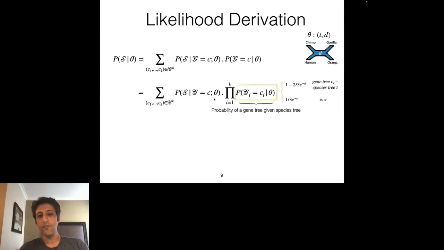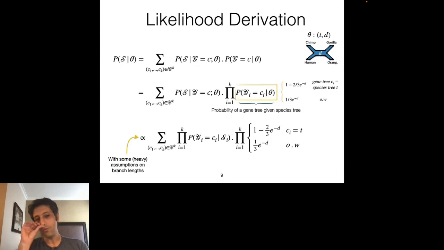So for this first term, I haven't written it as a product yet, because you can't actually, if the gene trees here are topologies and not gene trees with branch lengths, you cannot immediately write it as a product. But if you're willing to make enough assumptions, you can, right? And if we are in the business of trying to get something scalable, when we need to make assumptions, we just make assumptions.